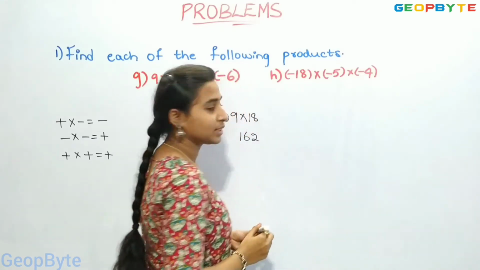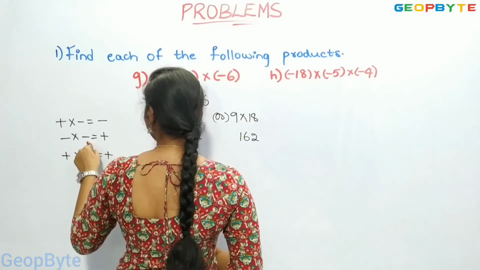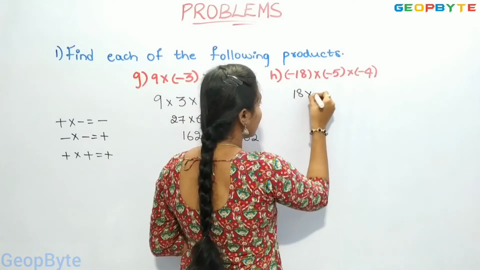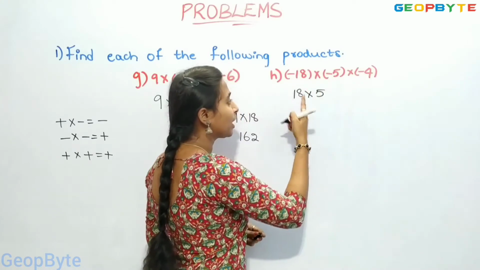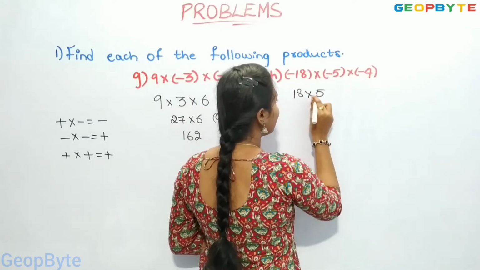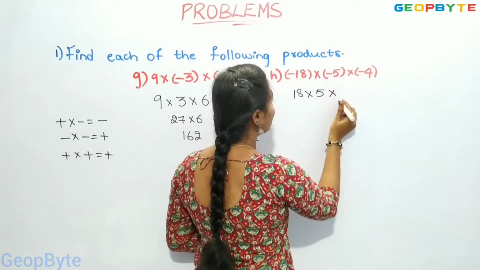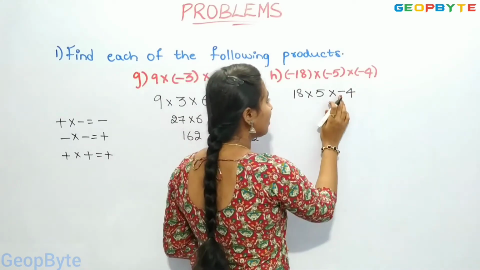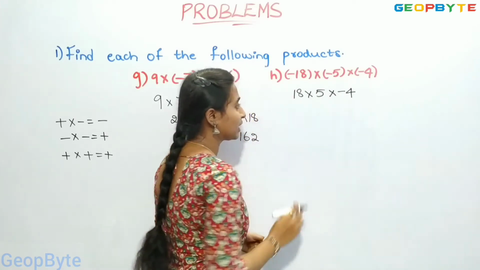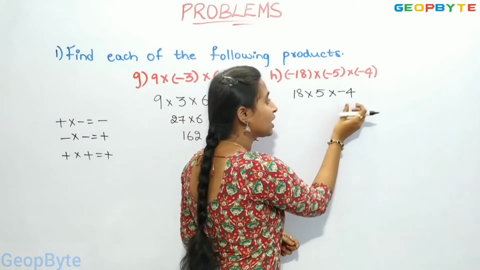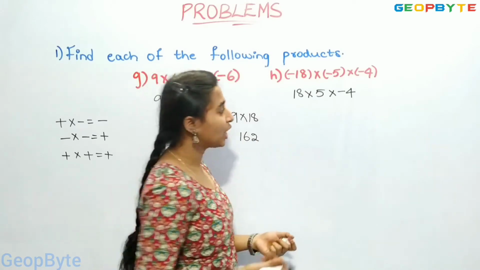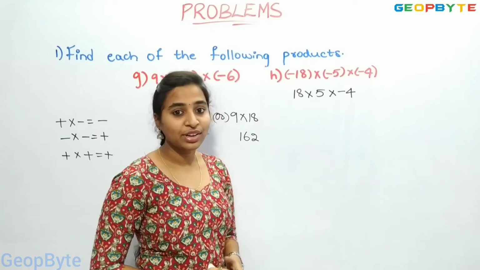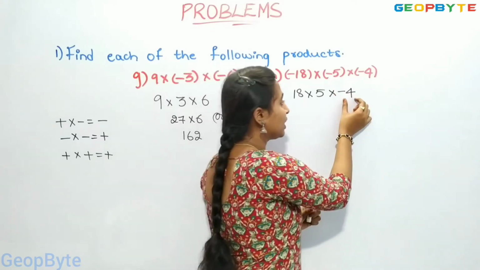Minus into minus is plus. So, 18 into 5. Minus into minus became plus. 18 into 5 into the leftover number, minus 4. Now, we have a minus and 2 plus, that is 2 positive integers and a negative integer. We can't do anything now. The answer comes in negative integer only, as we have only one negative integer.